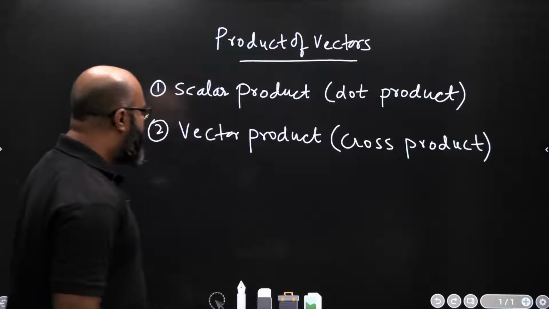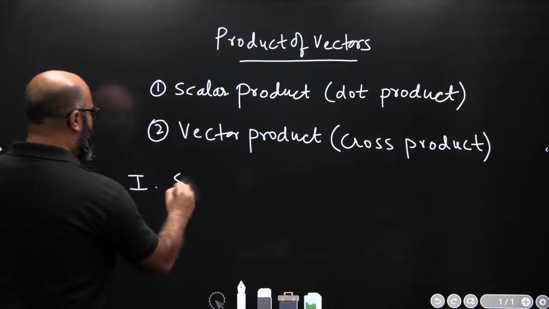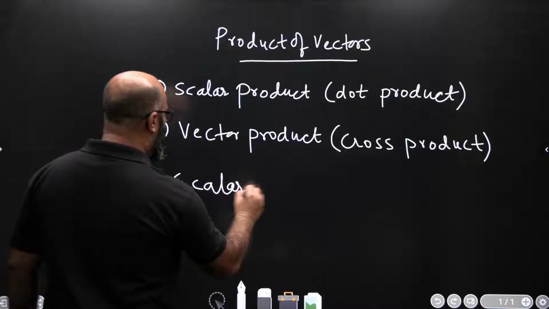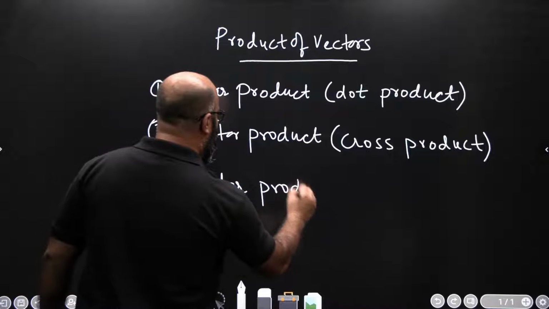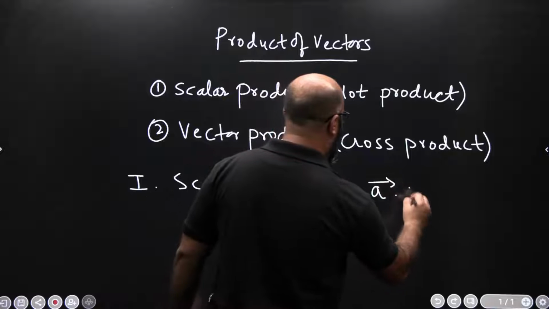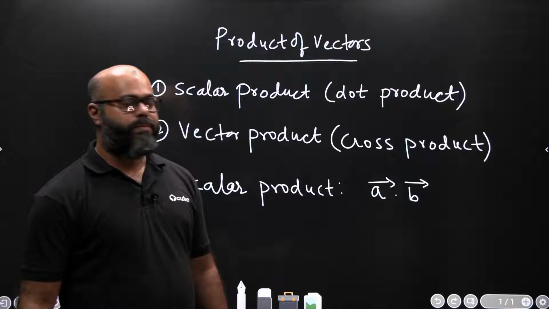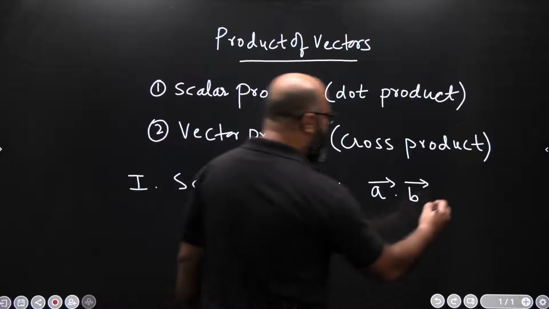Now let's take first the scalar product. A scalar product of two vectors is written like this: a vector dot b vector. There is a dot between a and b. Now what is this value finally?